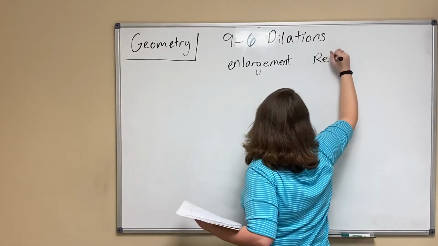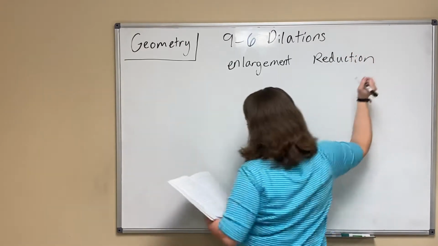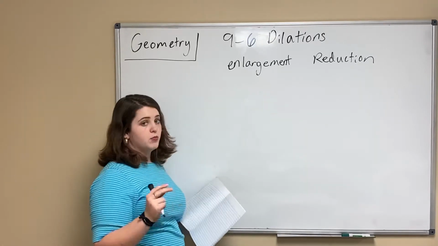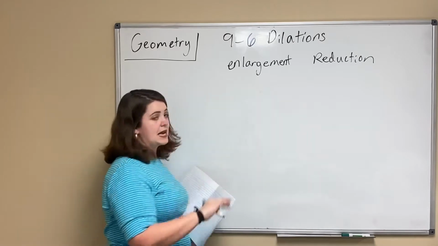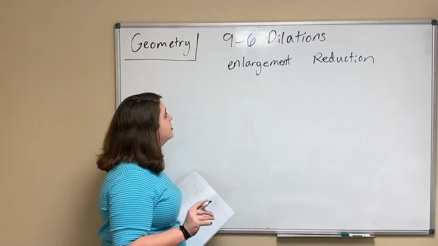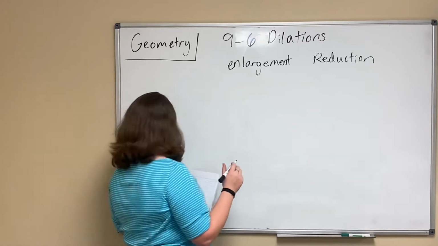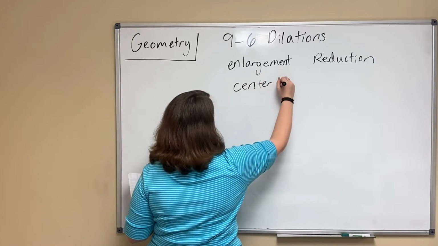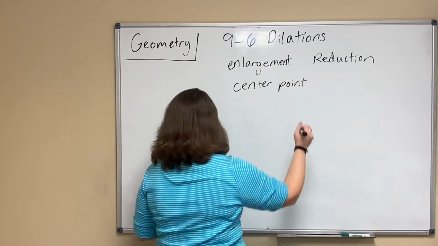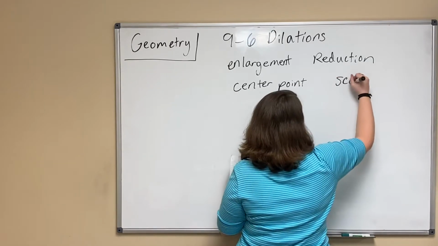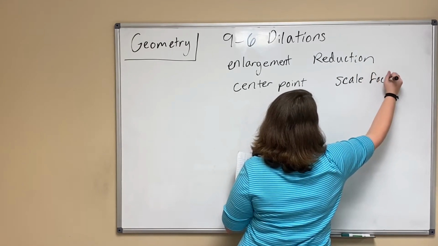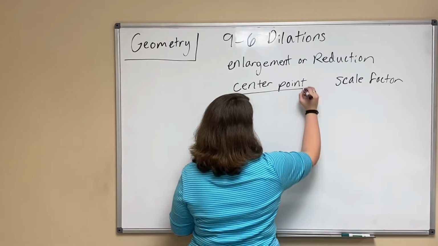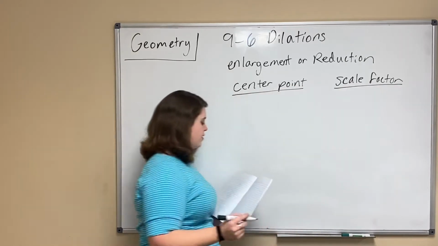A dilation enlarges or reduces a figure proportionally, but what we're doing today, instead of just enlarging something where it stands, is enlarging it with respect to a center point by a specific scale factor. So it's an enlargement or a reduction around a center point by a certain scale factor.